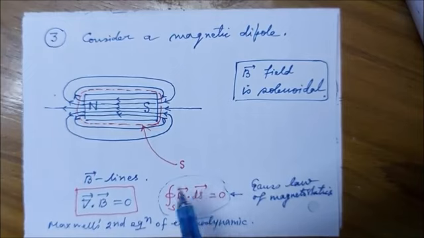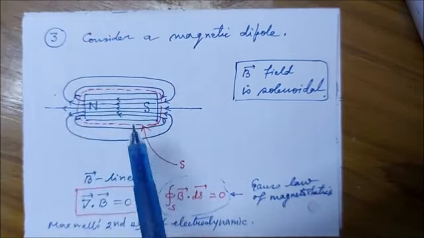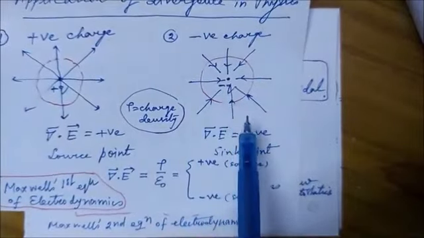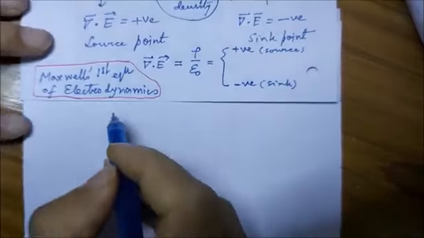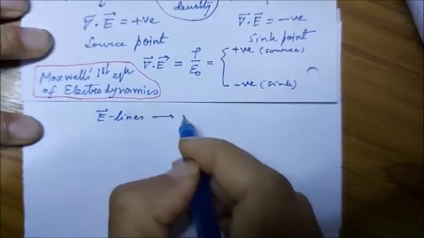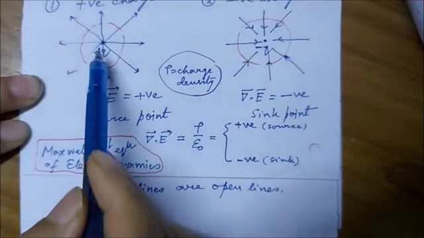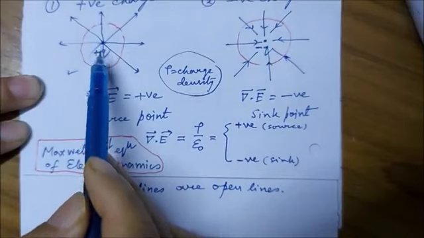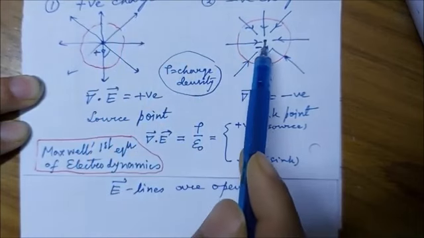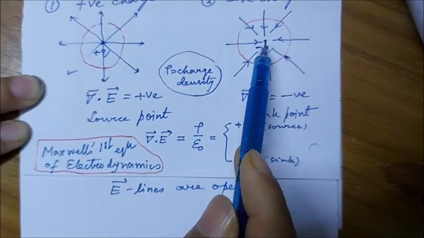Let us note that the lines of B are closed lines, in contrast to the lines of E, which are open lines. The E lines start from the source and go to infinity, and here the E lines come from infinity and fall on the sink.